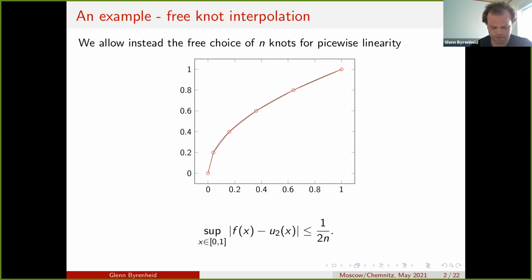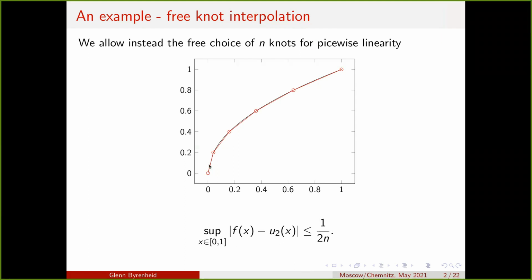Then we get an approximant u_n having the property that it approximates the function f in the infinity norm by a rate 1/2n.